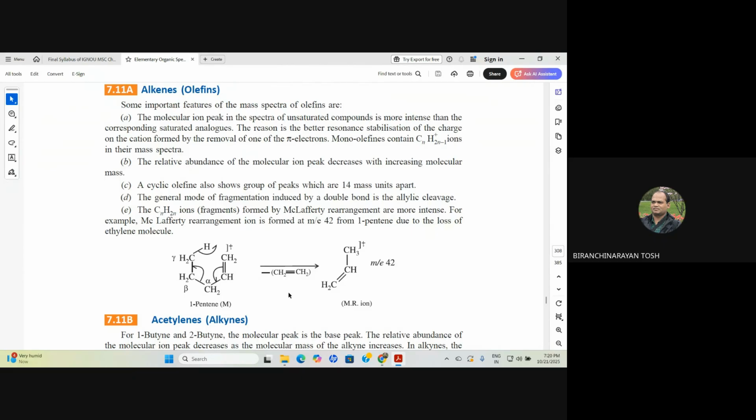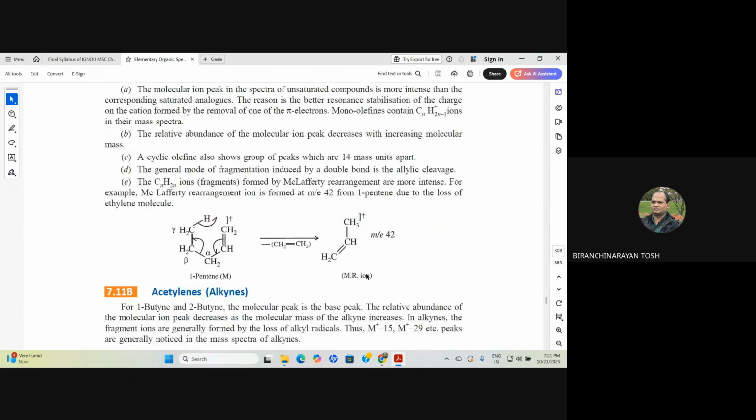The relative abundance of the molecular ion peak decreases with increase in molecular mass. The cyclic olefins also show groups of peaks which are 14 mass units apart. Same thing. In general, the mode of fragmentation induced by the double bond is allylic cleavage, and also there will be McLafferty rearrangement as shown here.